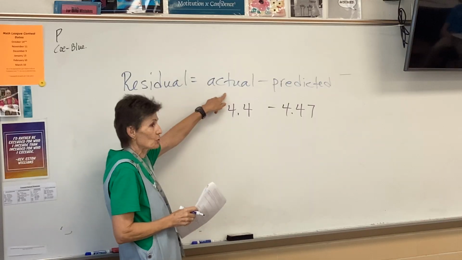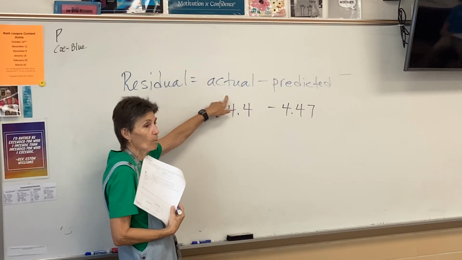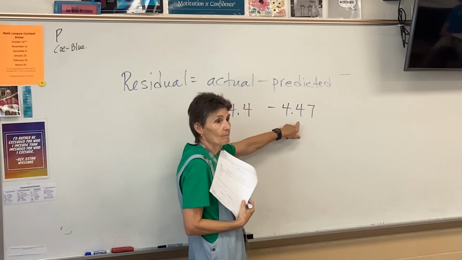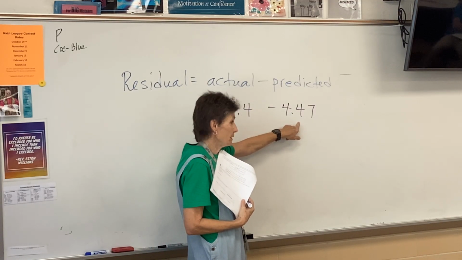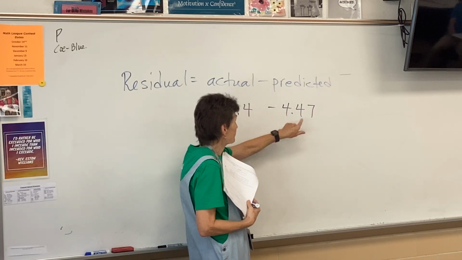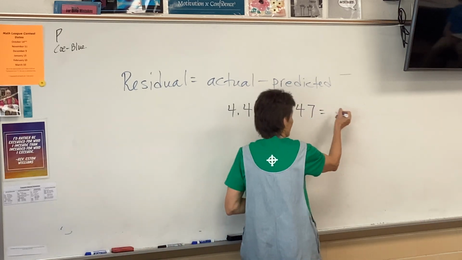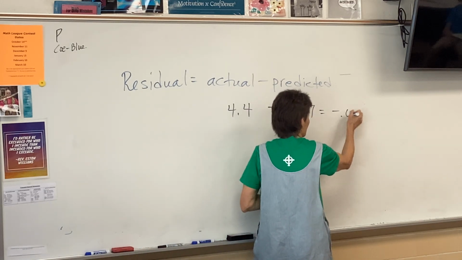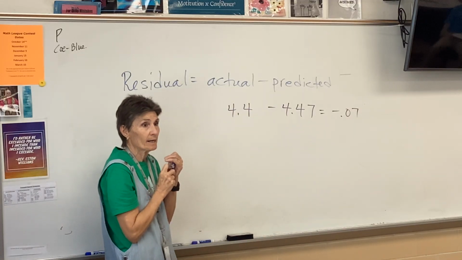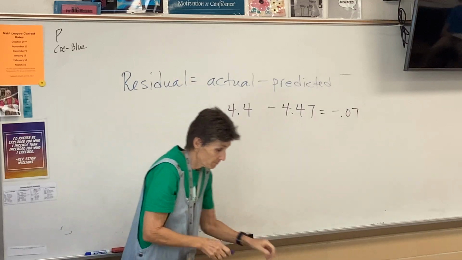So the actual, out of the chart, somebody measured this baby and it was 4.4. I used my equation, put in 5, and got this. What happens when I subtract those, you guys? Negative 0.07? And isn't that exactly what my table said it would be? Yep, sure enough.